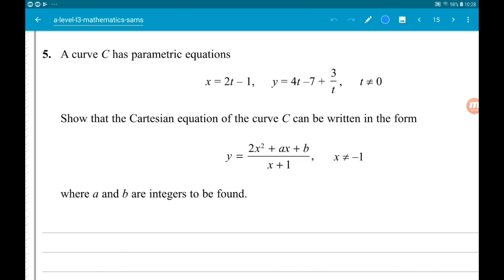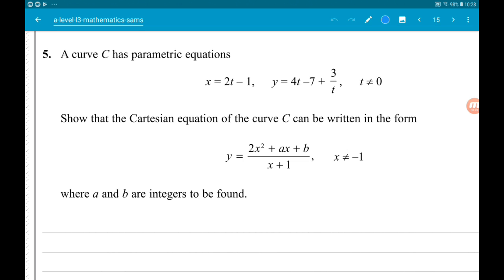We want to show that the Cartesian equation, so that just means in terms of x and y, no t, of the curve C can be written in the form y equals 2x squared add ax add b over x add 1, where a and b are integers to be found.